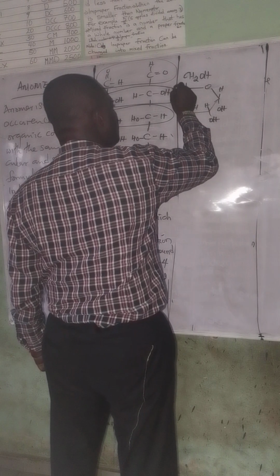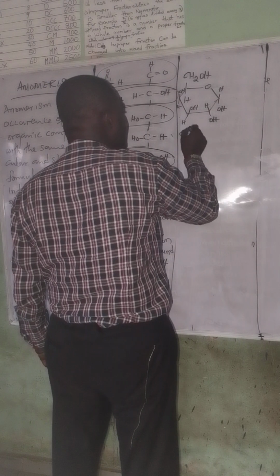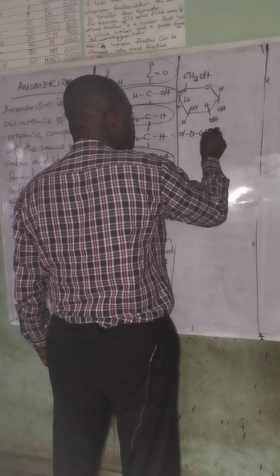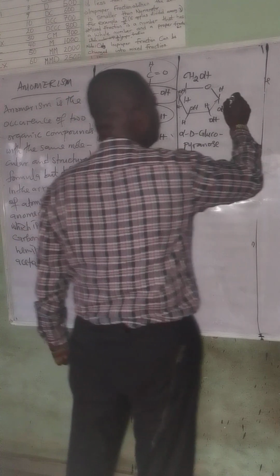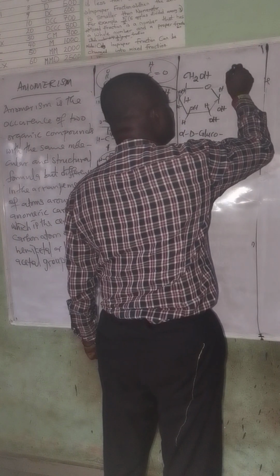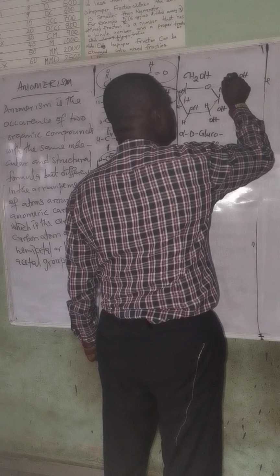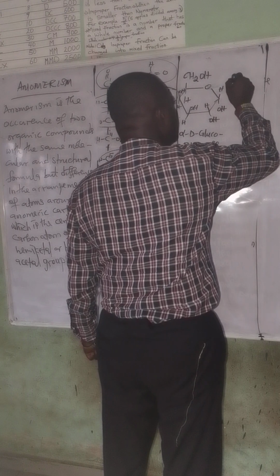So we have OH and H. Now this is alpha-D-glucopyranose. Alpha-D-glucopyranose. Do you know that you can have something like this? CH2OH.